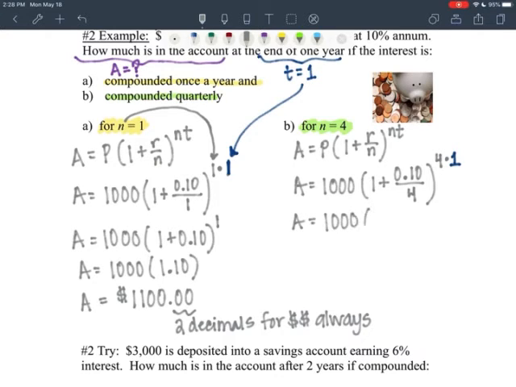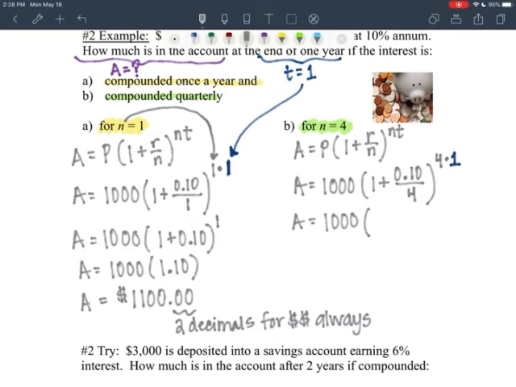So I've got 1,000 times the quantity. Now I'm going to use my calculator: 1 plus 0.10 divided by 4.